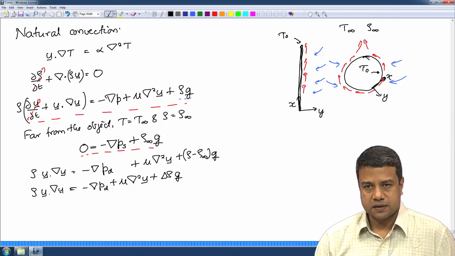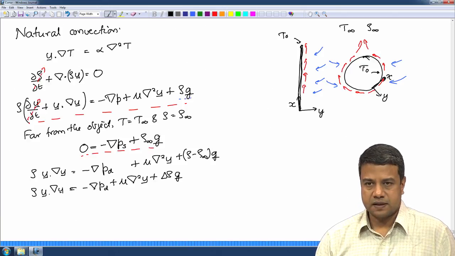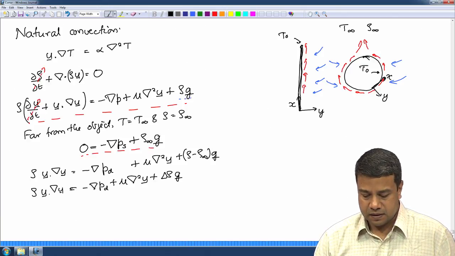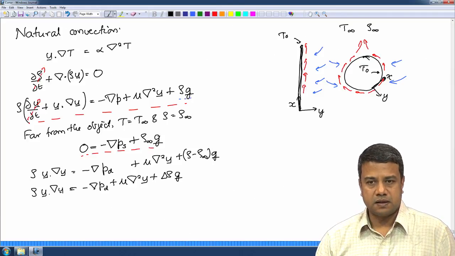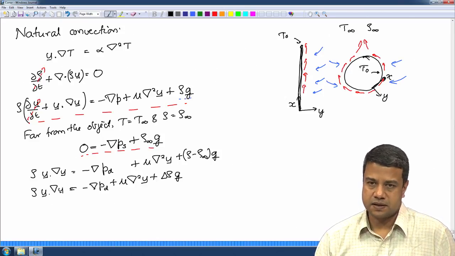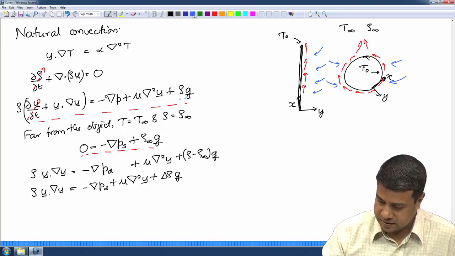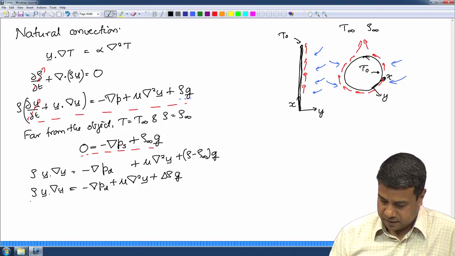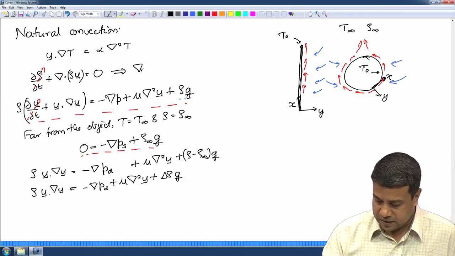Now, in these equations, we can simplify by making certain assumptions. The first is that in the mass conservation equation and in the inertial term in the momentum conservation equation, we neglect the change in density. So for example, this mass conservation equation can be written as divergence of rho infinity plus delta rho into u is equal to 0.